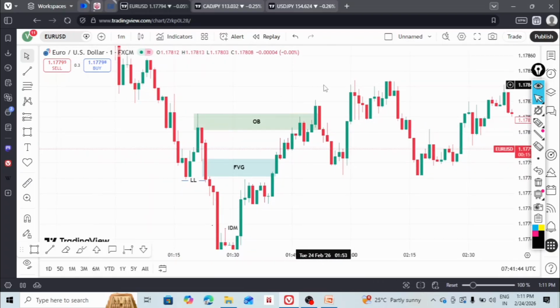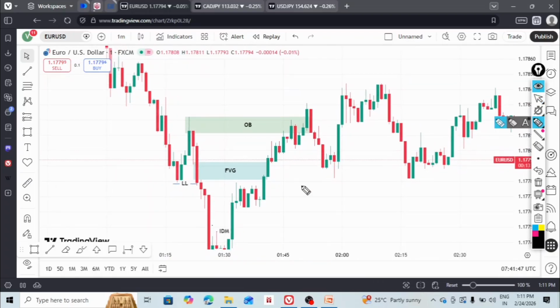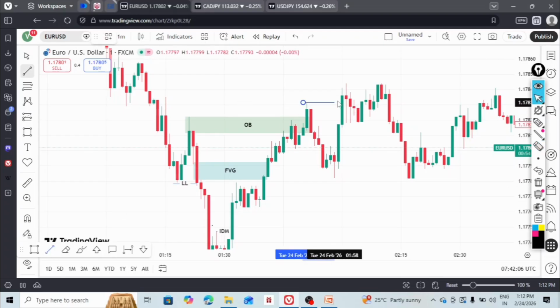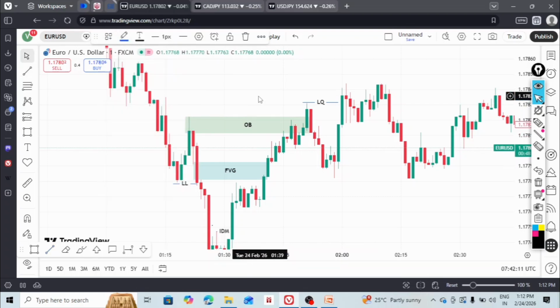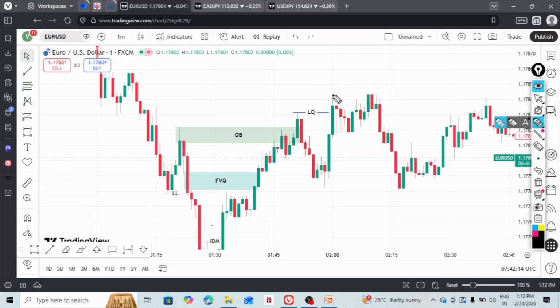Okay, so we have just talked about the liquidity here, right? This order block has been swept one time here. This is the liquidity level. Here it has been swept again: one time swept, two times swept.